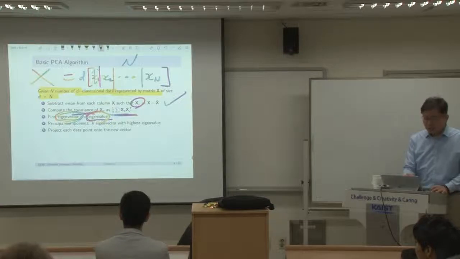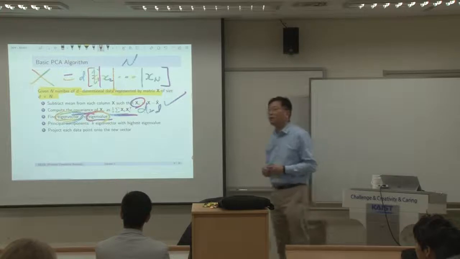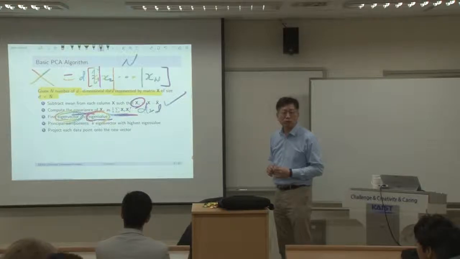If this is a d by d matrix, how many eigenvectors and different eigenvalues would you get? D. And I should just tell you that the covariance matrix is full rank, and it's symmetric.